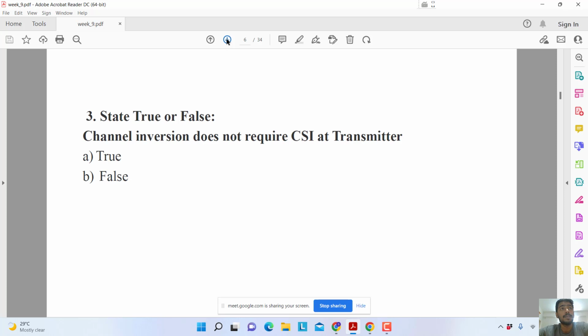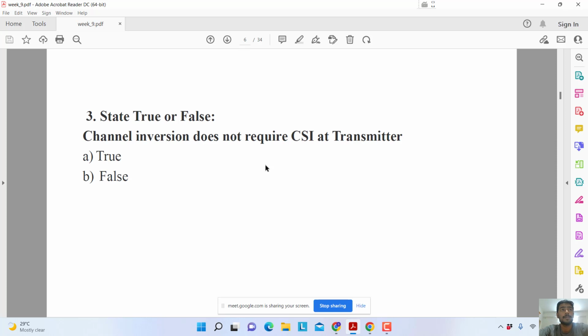Now question number 3: channel inversion doesn't require CSI at the transmitter.